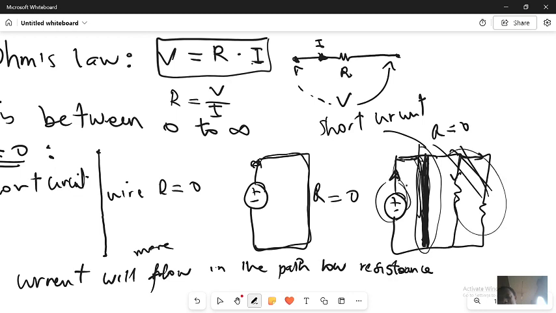So the current will pass here, and there is no current passing here. That is Ohm's law.